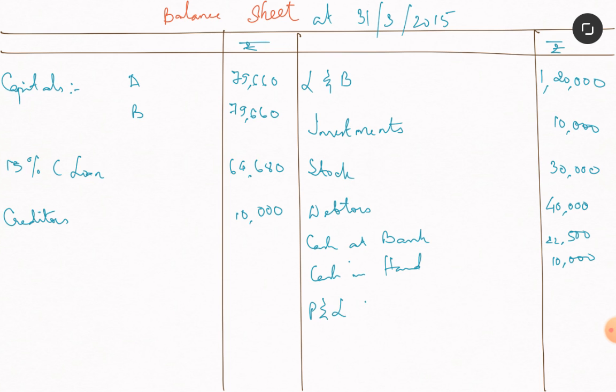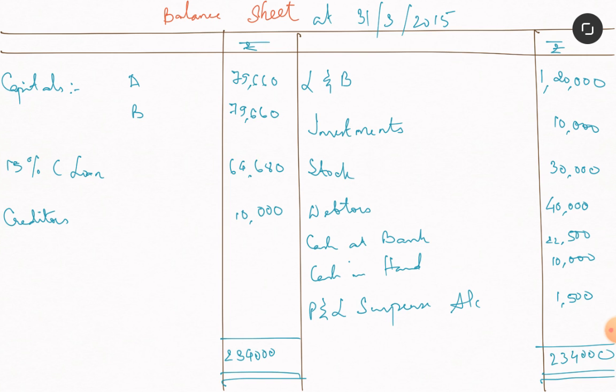If it was your original balance sheet or if it was your final balance sheet, we cannot record the profit and loss suspense account because profit and loss suspense account is a temporary account. Whatever value that is there in the suspense account, it has to be transferred to the actual account before the closing of your financial statements. Okay, so total should come to rupees 2,34,000. And that is your balance sheet.